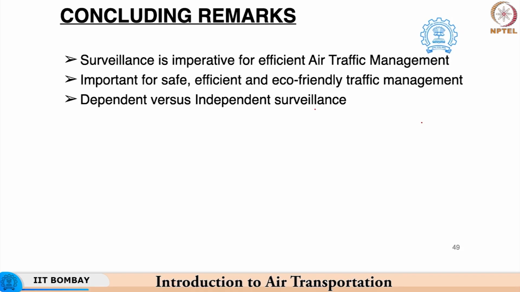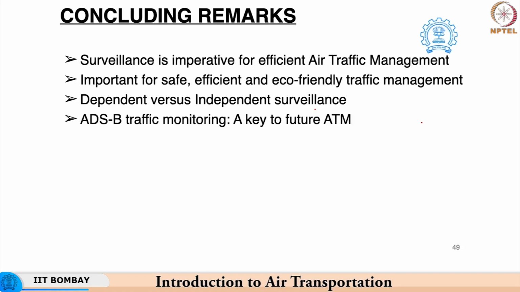Then we tried to understand the different types of surveillance systems, dependent and independent surveillance systems, and how a more advanced dependent surveillance system, ADS-B, is being implemented by the air traffic services to carry out surveillance, and also how ADS-B is actually a key to future air traffic management.